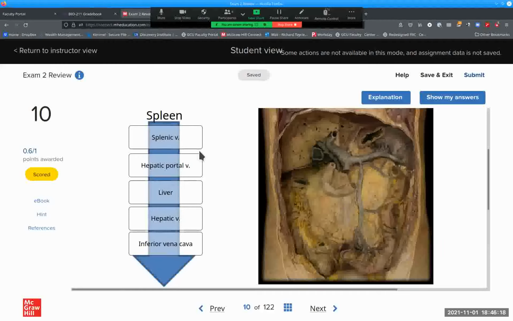So that's a hepatic portal vein all the way from the point that the splenic vein goes into it from the superior mesenteric. And through the liver, the hepatic veins run out of the hepatic portal system in the liver into the inferior vena cava. Okay.